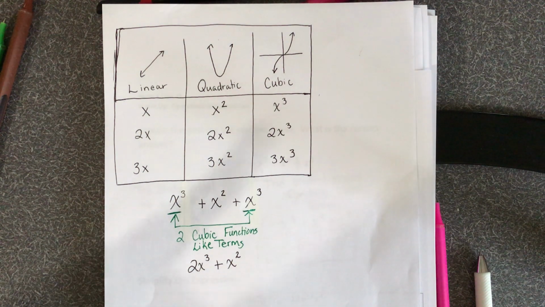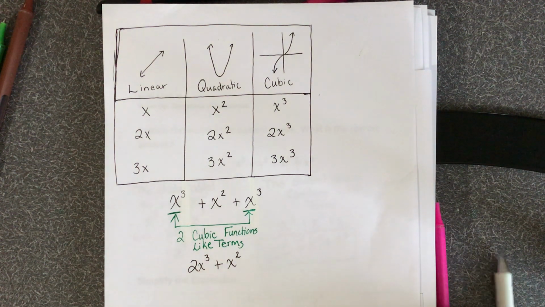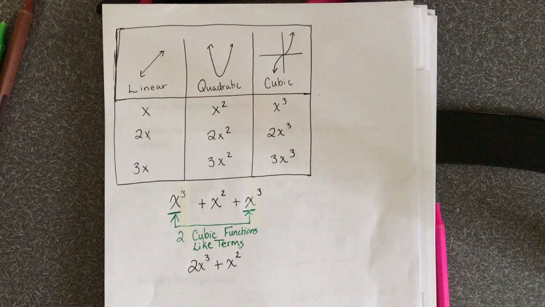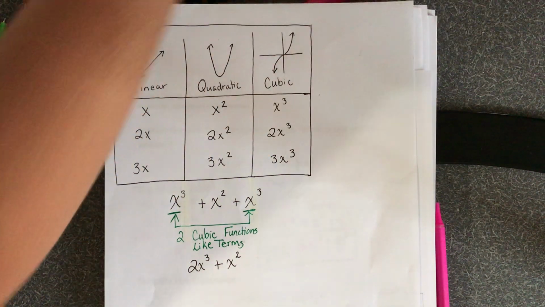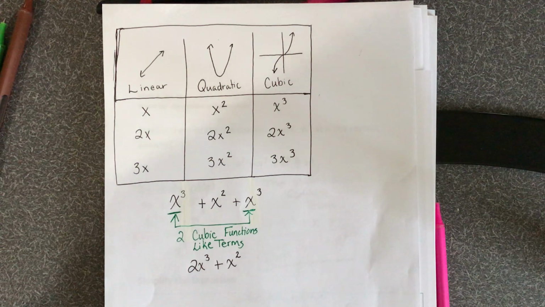So the takeaway from this, when adding and subtracting polynomials, what you have to remember is exponents are always going to stay the same, but coefficients will change. Now remember, coefficient is your number in front of the x.